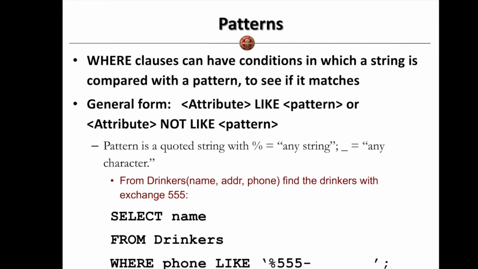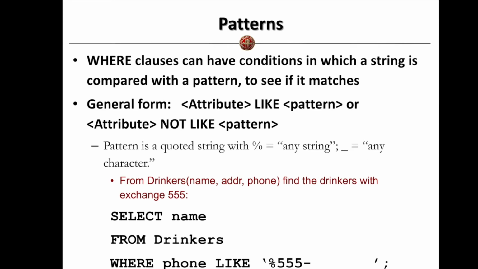So what do we mean by a pattern? A pattern is also a string. However, in this quoted string, we have some special characters. The first one is the percent sign, which denotes any string. At the same time, we also use the underscore, which denotes any single character.